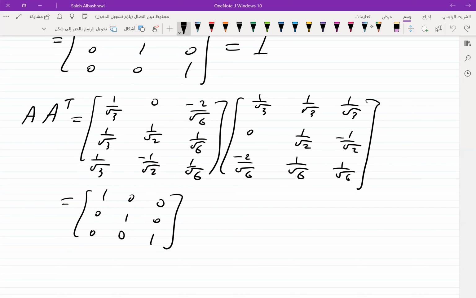It's multiplied and you will find that it's equal to this one.